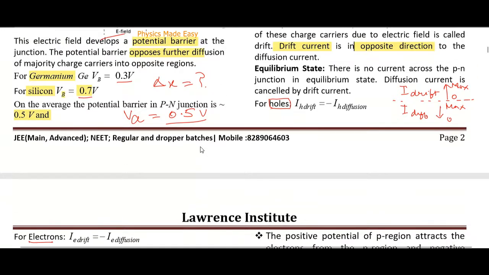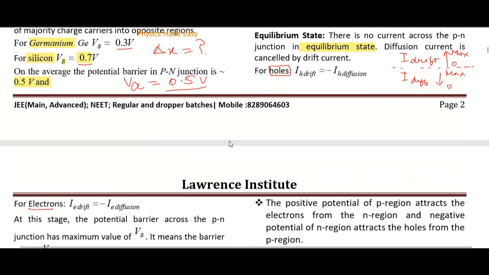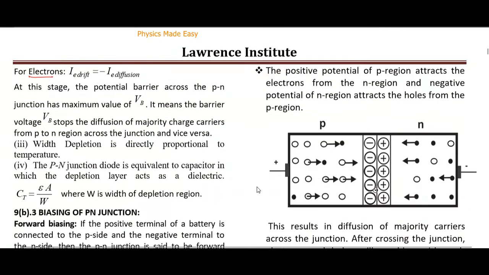This takes place in which case? In equilibrium state. In equilibrium state, this happens. I drift current is equal to I diffusion. I hole drift is equal to I hole diffusion. I_E drift is equal to I_E diffusion. The only difference is both the drift and diffusion currents, they are in opposite direction. Now at this stage, the potential barrier, note down this line.